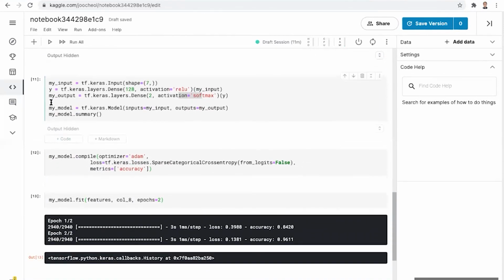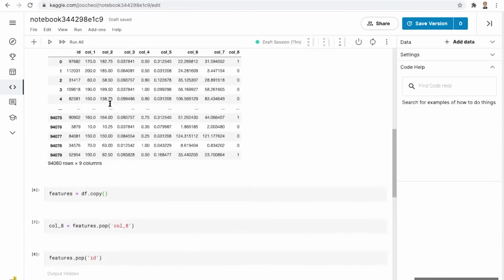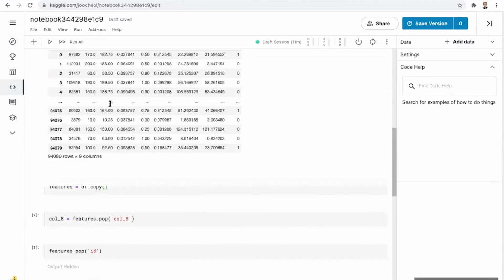Actually, the modeling part is this one, and then for the compile, I just copy the compile section from the Colab, and then model fit is obvious. So this is the modeling part, and before that is just data manipulation.